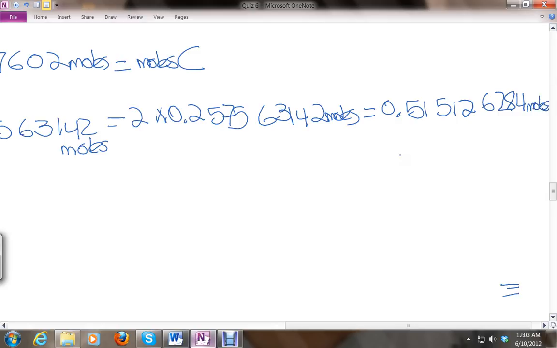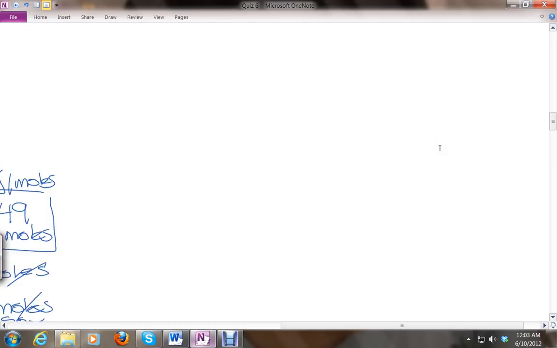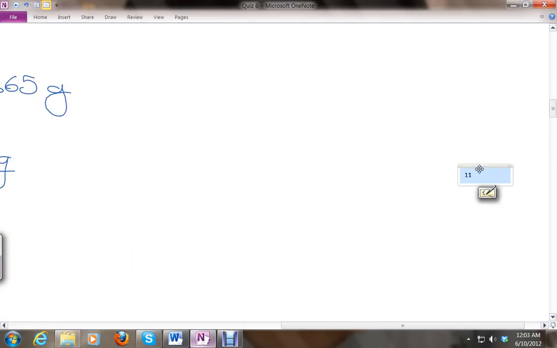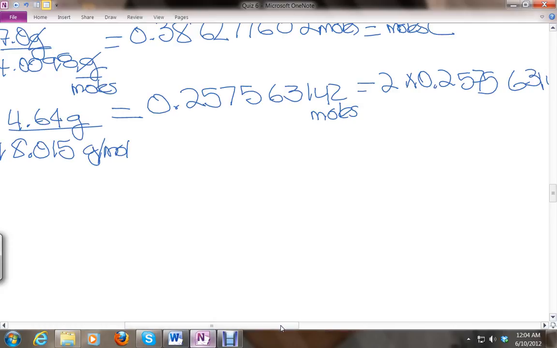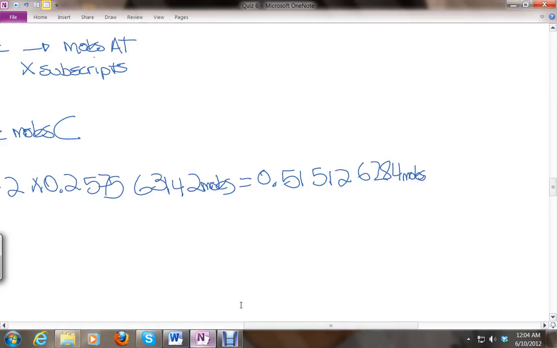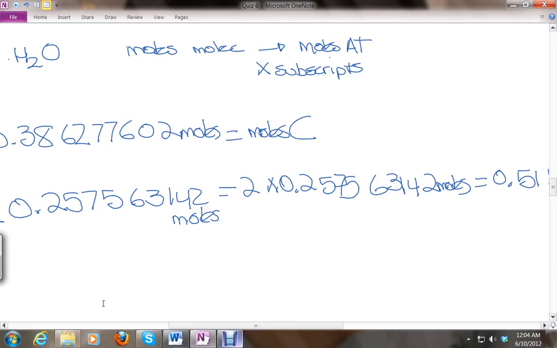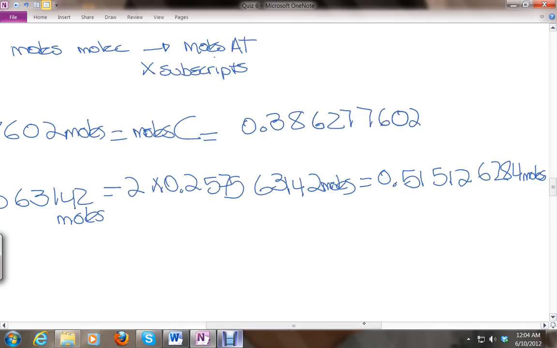Now let's make it clear here for a second. Once you got this, remember, let me write down, the moles of carbon are going to be equal to the CO2, which is 0.386277602 moles.